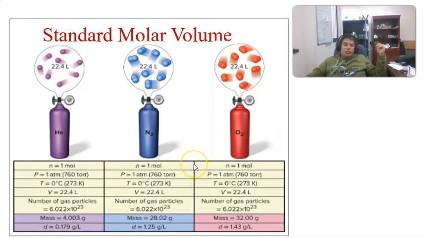Similarly for other gases also, but remember that 1 mole means 6.02 times 10 to the power 23 particles, and at 0 degree centigrade or 273.15 Kelvin, the volume of any of these gases will be 22.4 liter if they are ideal gases. However, they are not ideal, but they are very close to ideal.